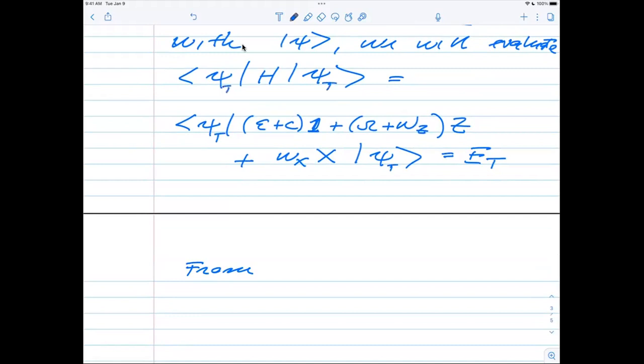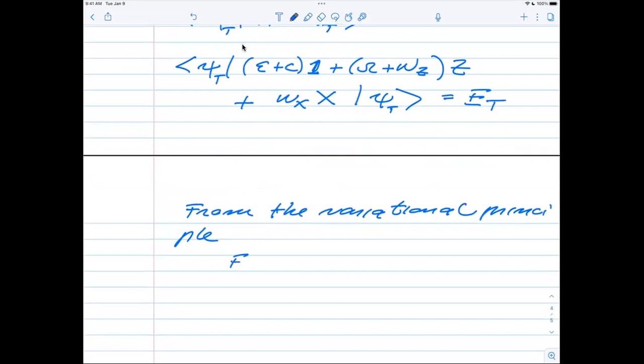So this is our psi of T. And then from the variational principle, we know that for the lowest lying state, this ET is larger than or equal to epsilon 0, which is the exact lowest state.